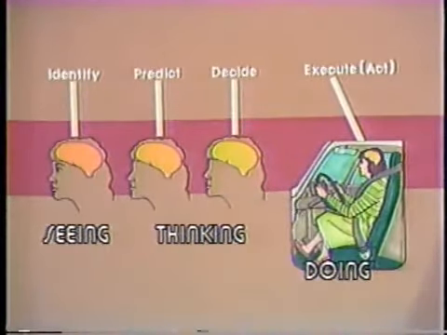So again, identify, predict, decide, and execute involves seeing, thinking, and doing. And we should again remember that this process is one of the major things that we must consider in the driving task. So now let's take a look at identifying itself.